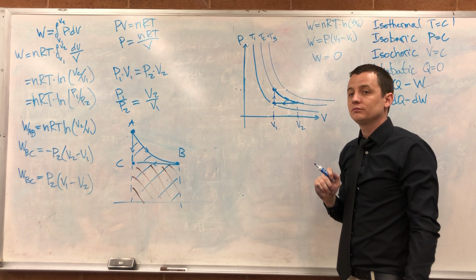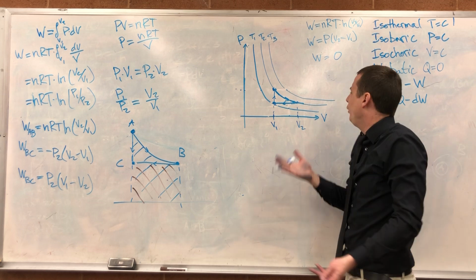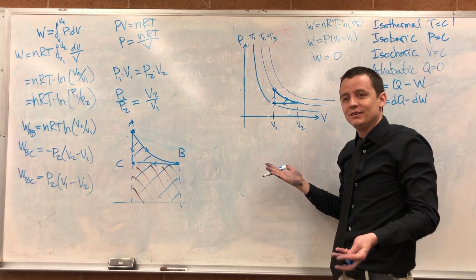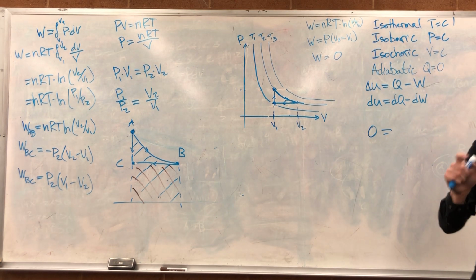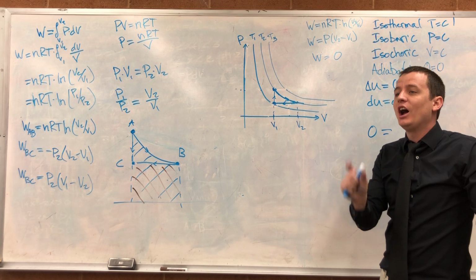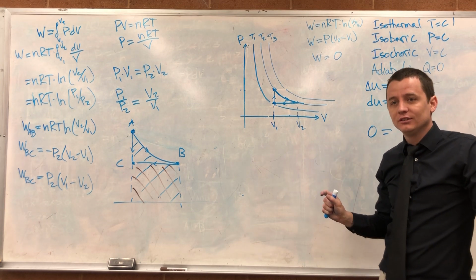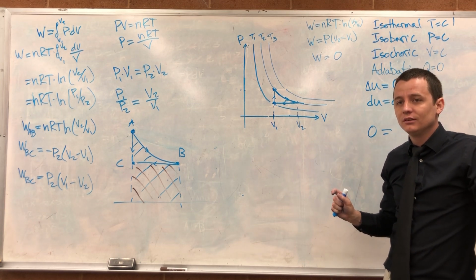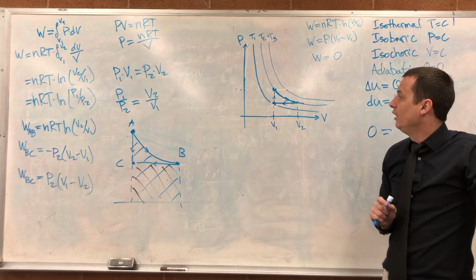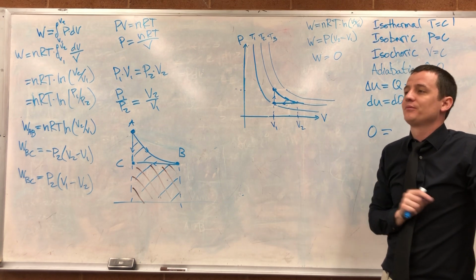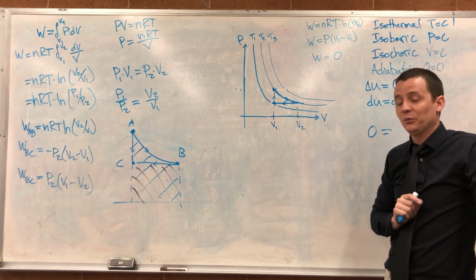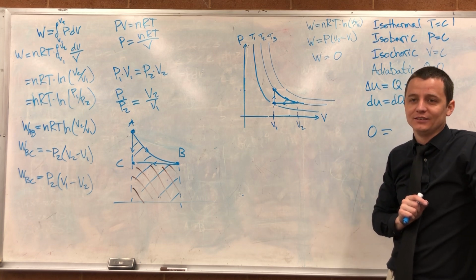But it's the same. How would you know whether or not that's the same? Because it's going from T2 to T1. Changing the temperature is not the same regardless of the pressure. What do you mean? As pressure increases, wow, how do I even say this?